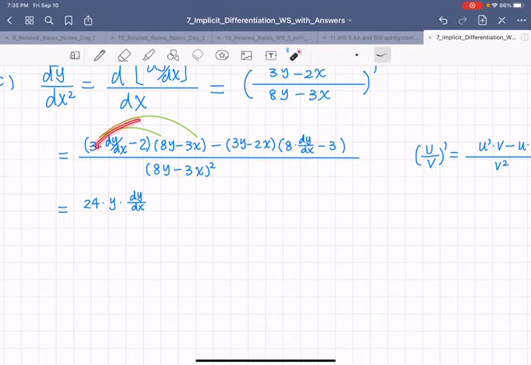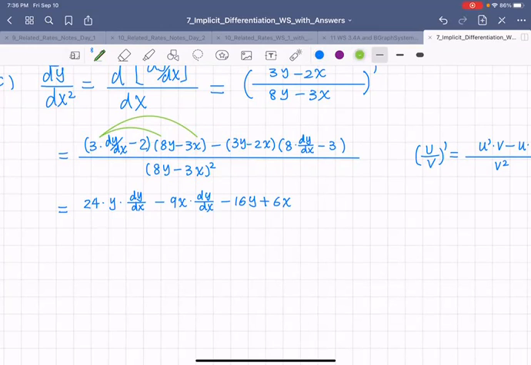And then minus, minus 9x dy over dx. Correct? Yeah. And then minus, minus 16y plus x.